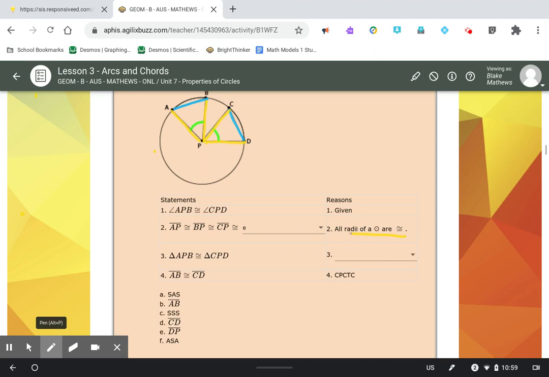Okay, well, that means that these two triangles are congruent because we just proved that we have side, angle, side. Since they have the same two sides and the angle in between, we can prove they are congruent using the SAS theorem.